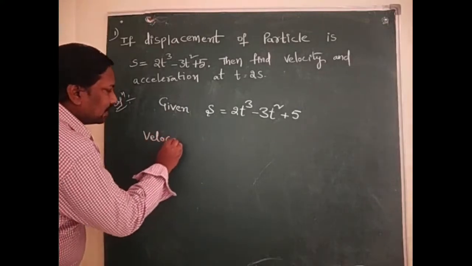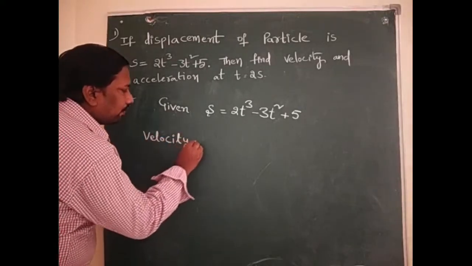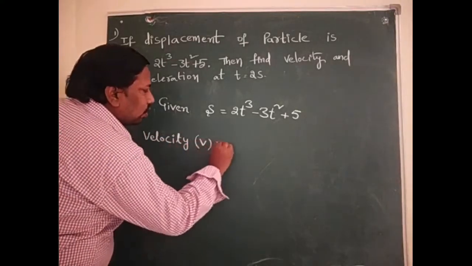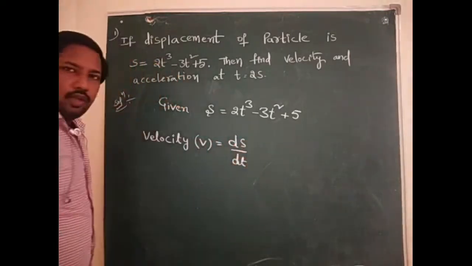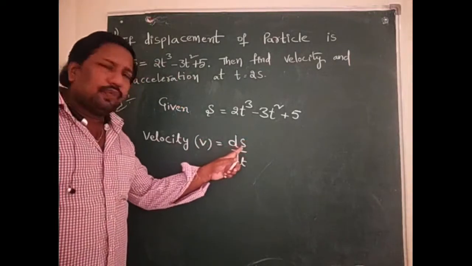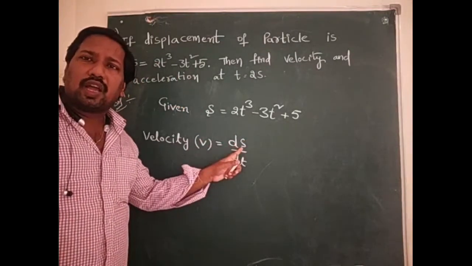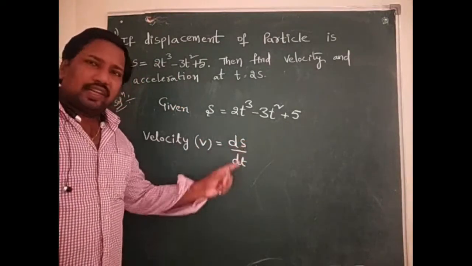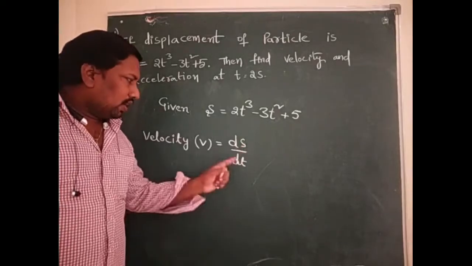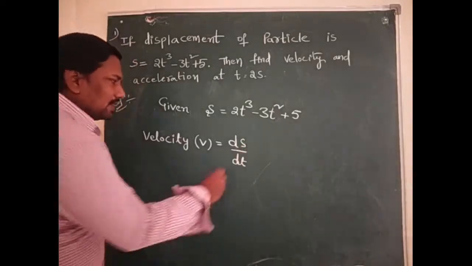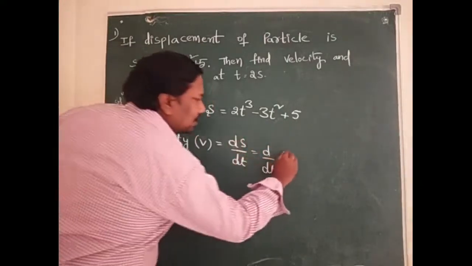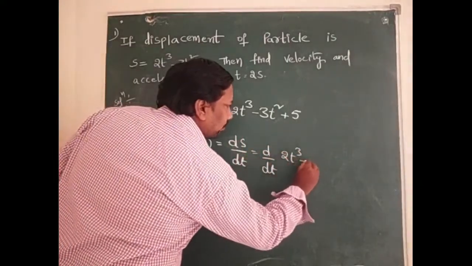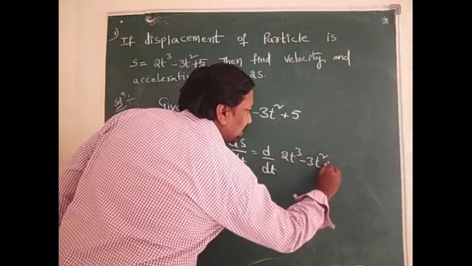Velocity means the rate of change of displacement, that is ds by dt. So differentiate the displacement with respect to time. So ds by dt means d by dt of 2t cube minus 3t square plus 5.